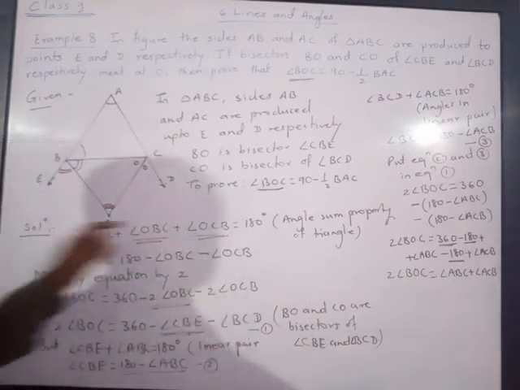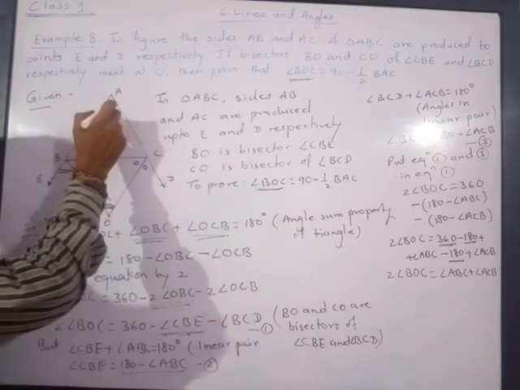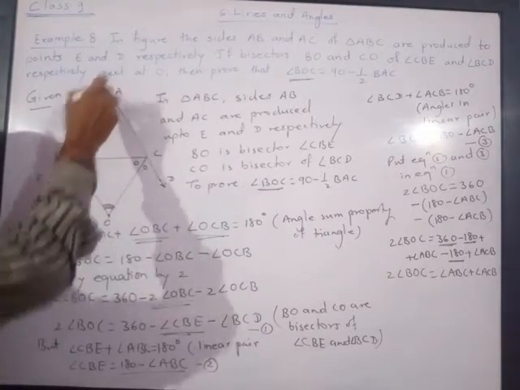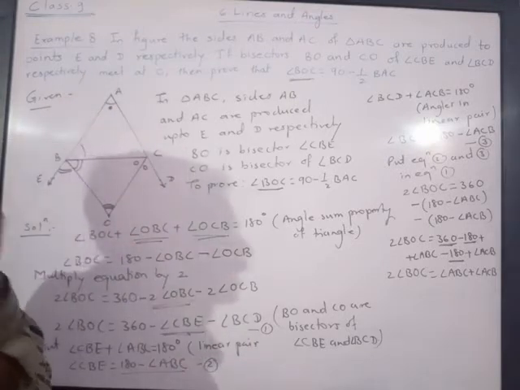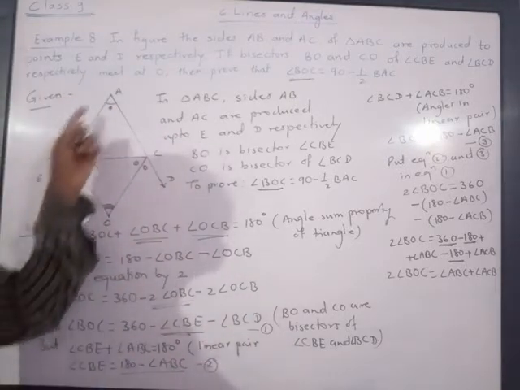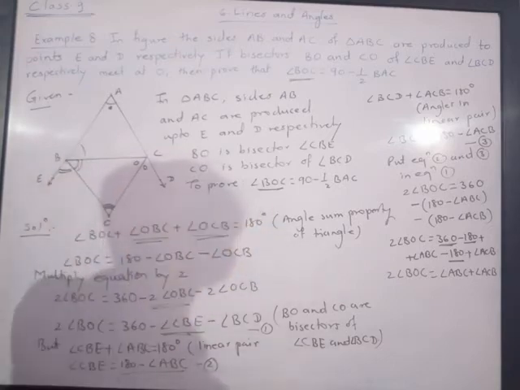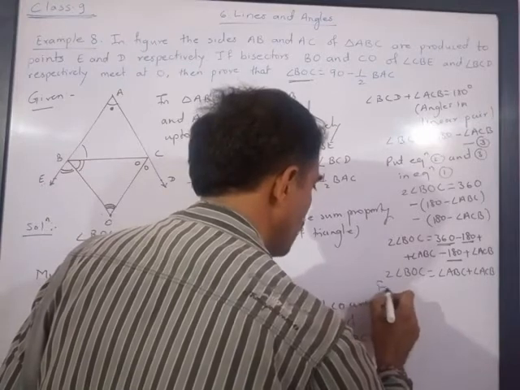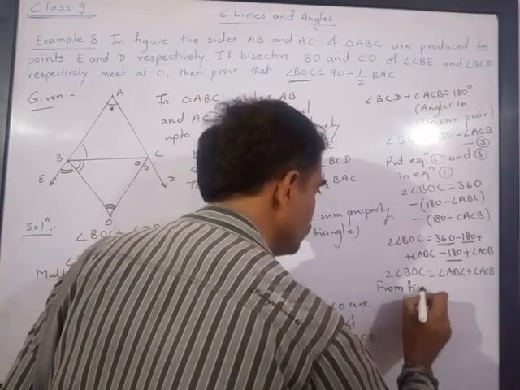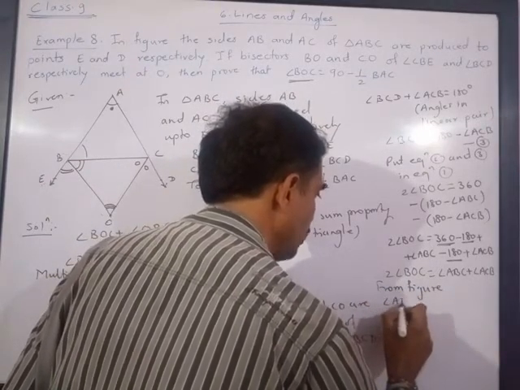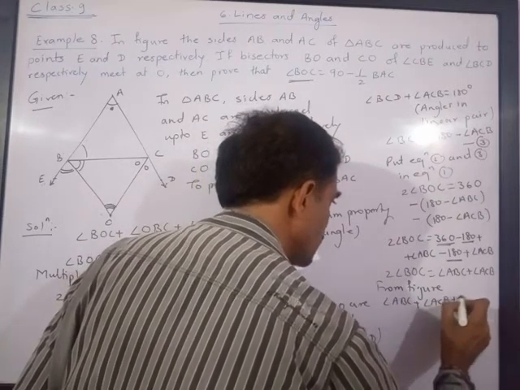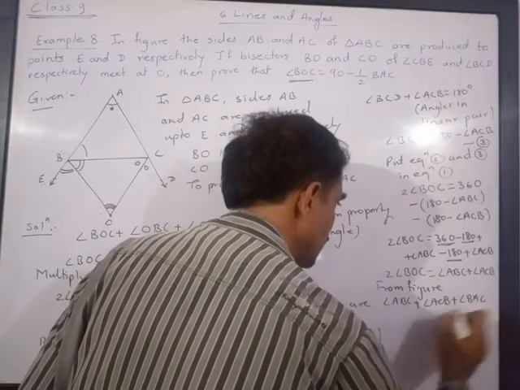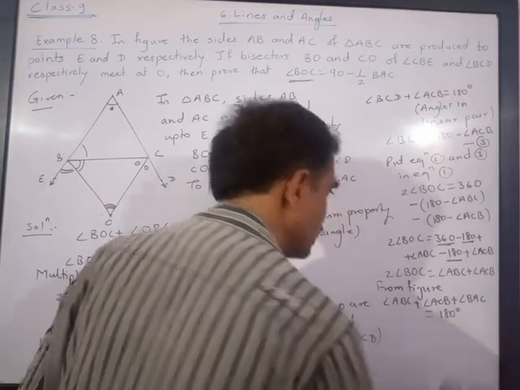I want to write this in terms of BAC, that is this angle. Now we know that ABC plus ACB plus BAC is equal to 180 degrees. The reason is the sum of interior angles of a triangle is 180 degrees, or you can say the angle sum property of the triangle. So from the figure, angle ABC plus angle ACB plus angle BAC is equal to 180 degrees.